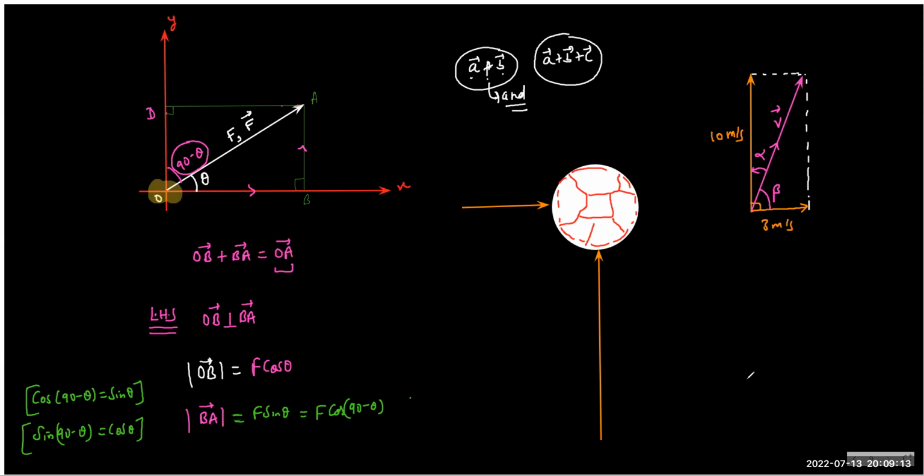No. Let me give you some more practice. Here you can see, coming to this question, alpha and beta are two angles. Let's say the length of the vector is V. So what is the component of the vector in the upward direction? Let's say, what is the y component? Can you tell me what is the y component?